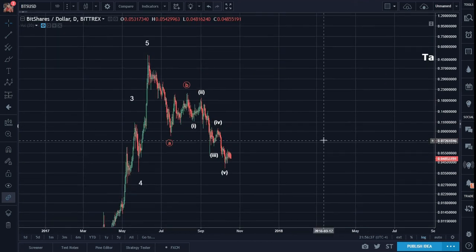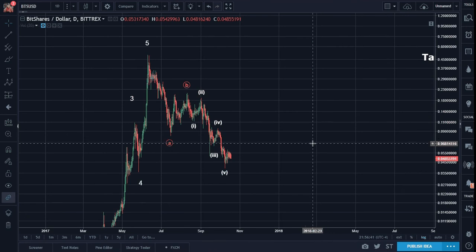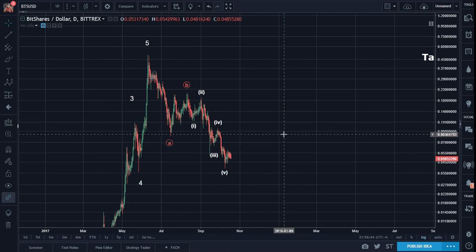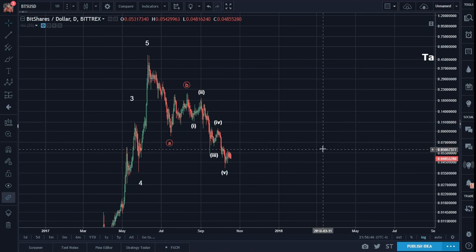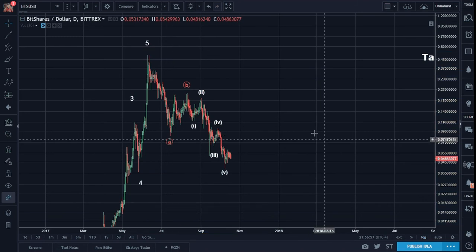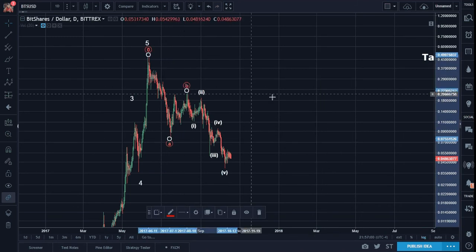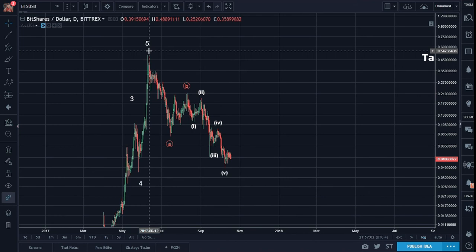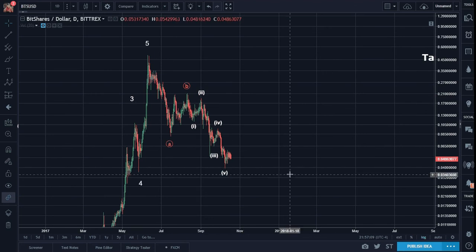And I put out an earlier blog post on BitShares on how delicious it seems. And my friend Seanster, who also is a reader of my blogs, confirmed this too, and I'm grateful to him for letting me know about it as well. But here we have 5 waves up. After 5 waves, you have to get a 3-wave correction.